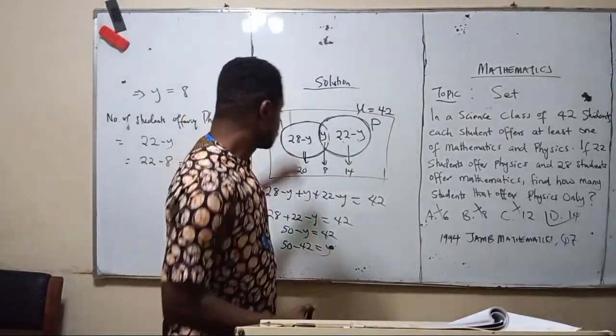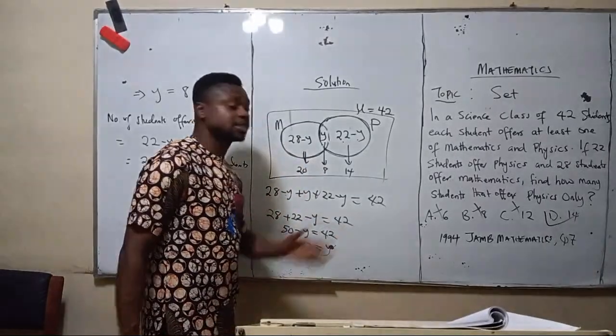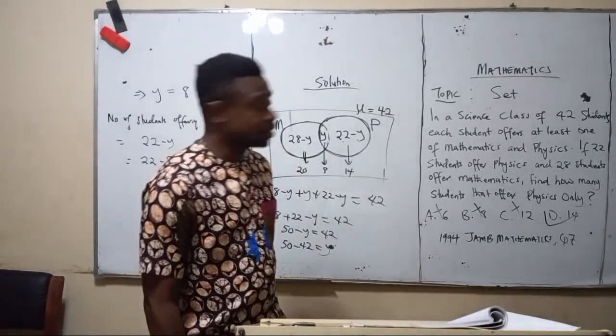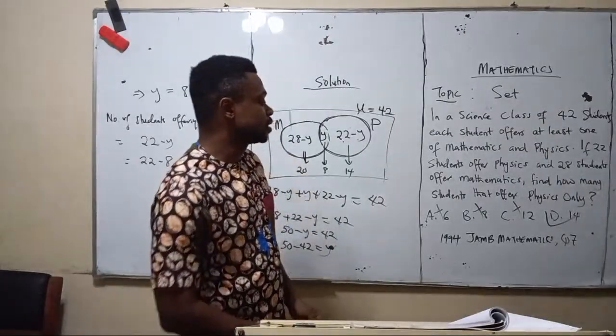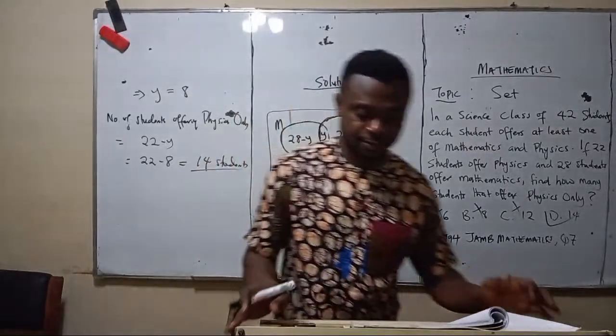So 20 offer mathematics only, 8 offer both of them, 14 offer physics only. So the answer to 1994 JAMB Mathematics question 7 is 14, option D.